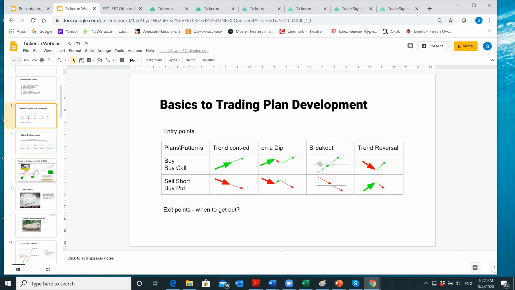Breakouts, we use it for patterns. It goes up, then breaks a particular price line, and then goes up. Okay, this is a trend reversal. Typical beginners really try to find trend reversal, and they are eager to find this particular point of the reversal, and they believe that it's going to pay them the most.